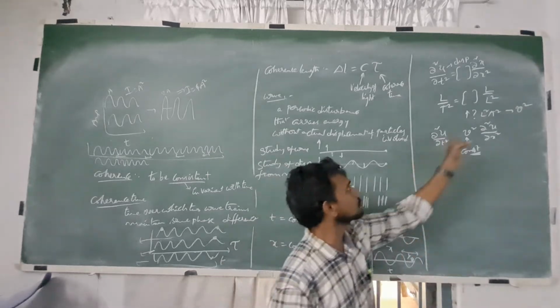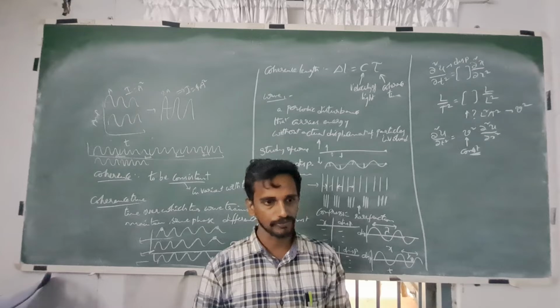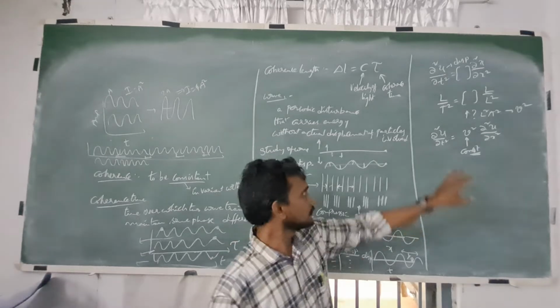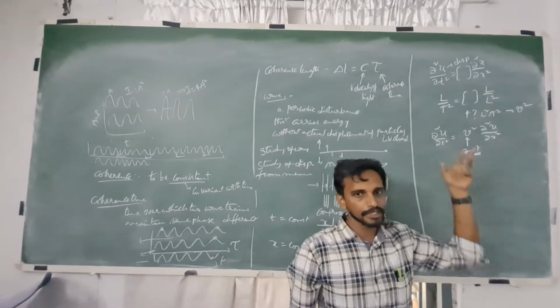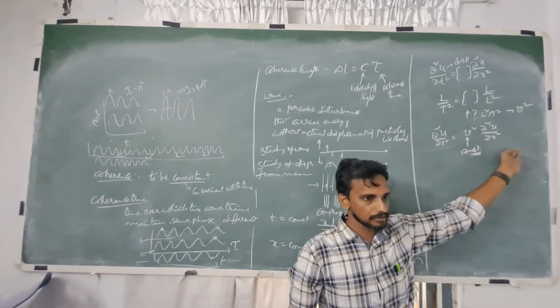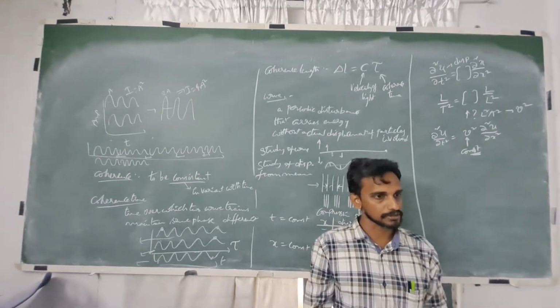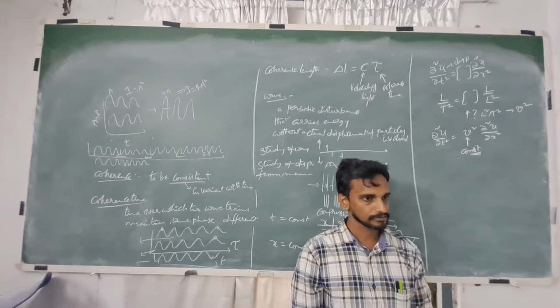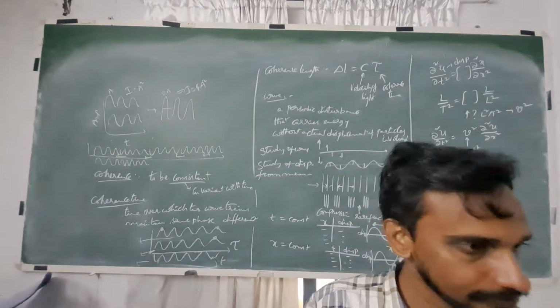I mean both sides should be equal to a constant. Otherwise we cannot fix them. Right? Here time is variable, here space is variable. Both are varying independently. So if I vary time, space is not varying, and if I vary space, time is not varying. So both must be equal to a constant. So that velocity is a constant.